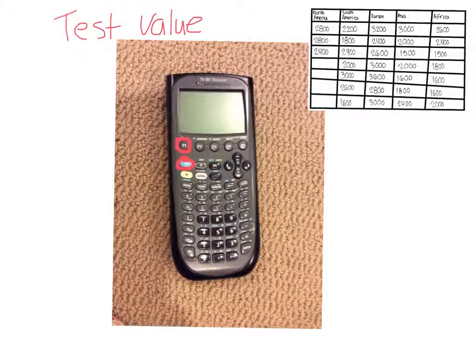The next thing you will do is type in second F1 once your table is complete. This is also known as F6. Next, you will type in alpha C, or you can just scroll down until you see the word ANOVA, which is written in all caps.